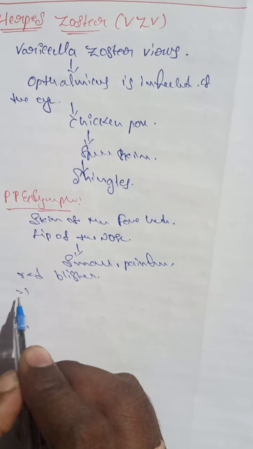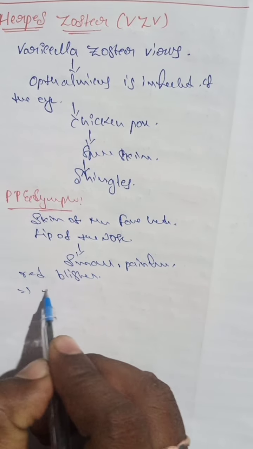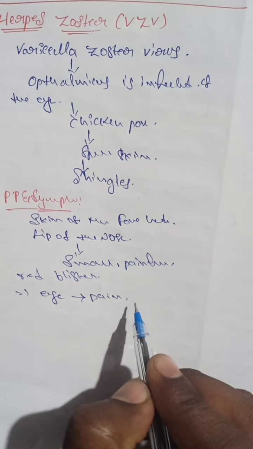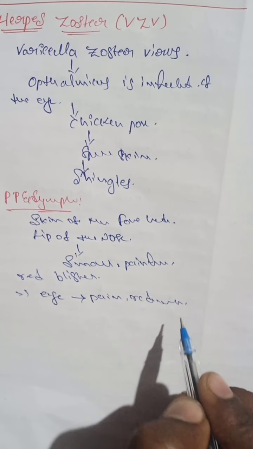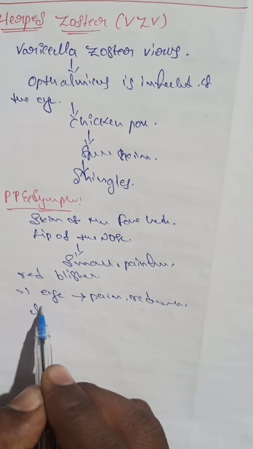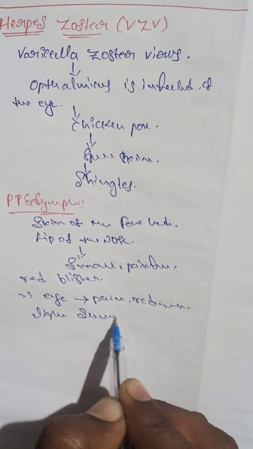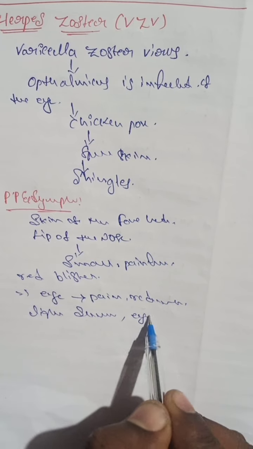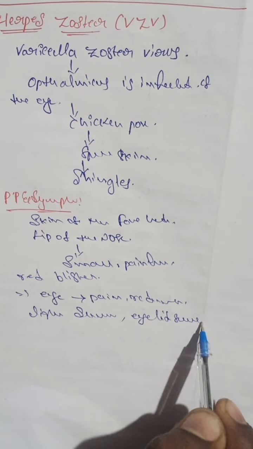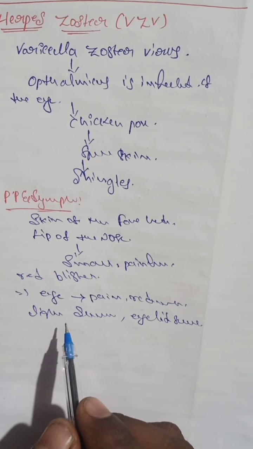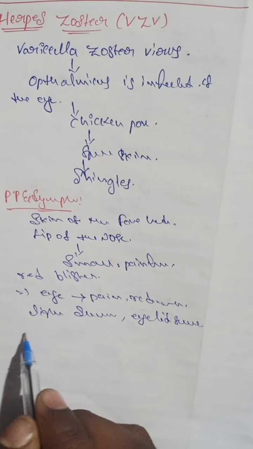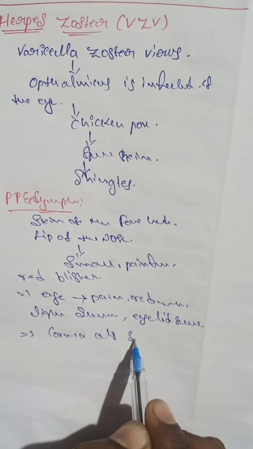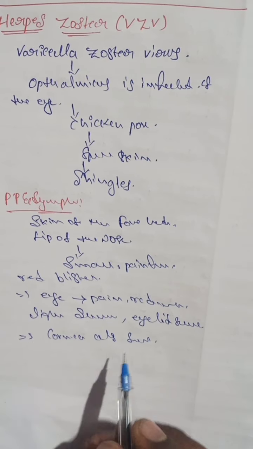Then the infection of the eye causes pain, redness, light sensitivity, eyelid swelling, and sometimes the cornea also swells and may be severely damaged.